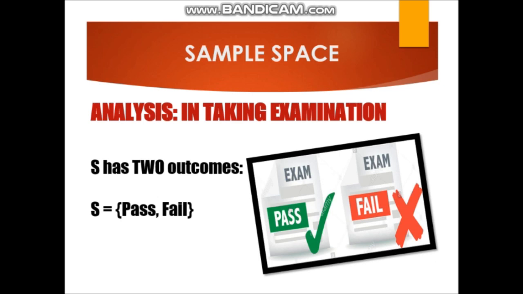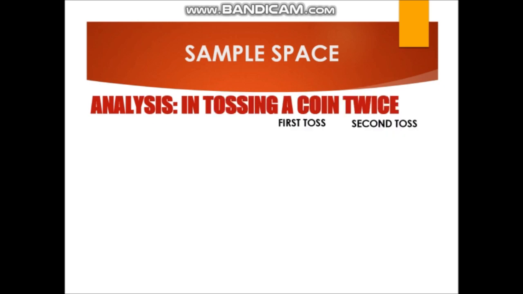Another example that we have is tossing a coin twice. We have the first toss and the second toss. In this case, we are determining how many outcomes we can get in tossing a coin twice. It is possible that in our first toss, head appears, and in the second toss, head appears.